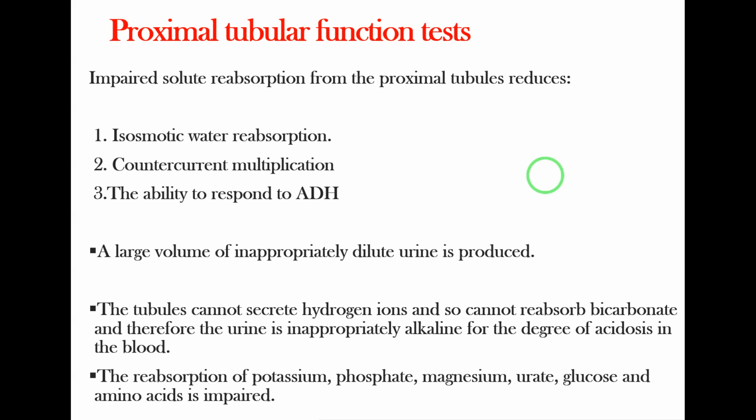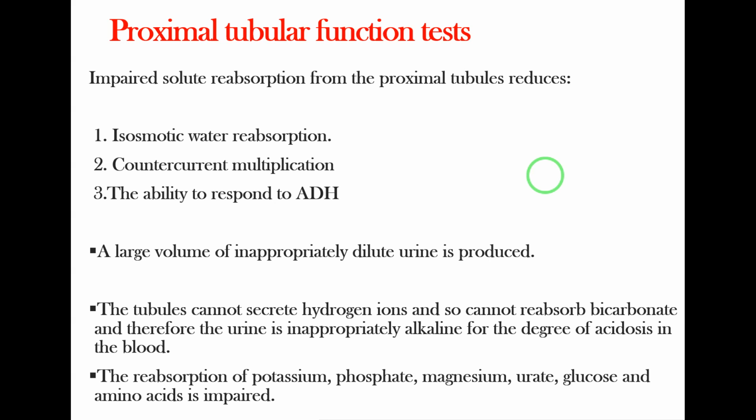This will be impaired if we have a proximal tubular defect. Normally, the fluid that enters the lumen of the loop of Henle is very much reduced in volume, because about 70 to 80% of the fluid is reabsorbed, but it is still almost isoosmotic. If we have damage to the proximal tubule, this process will be defective.